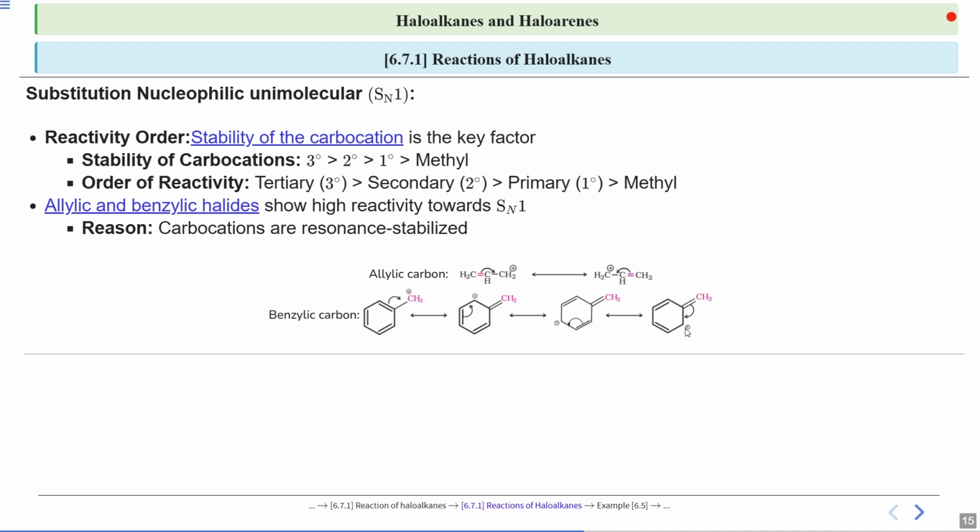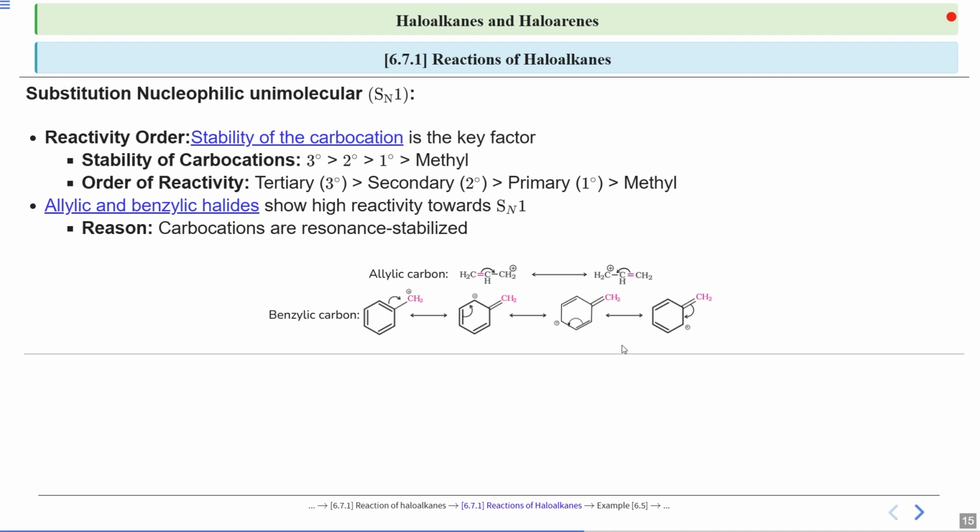Now again the next double bond, which is here, is going to stabilize this positive charge by making the double bond here, and this positive charge is going to go to this carbon. So the structure that comes after this last structure is the same structure which is present at the first position. Okay, so the charge is stabilized by the resonance.